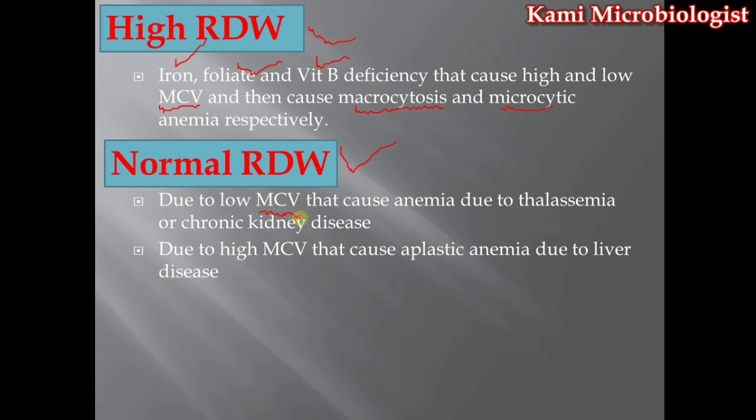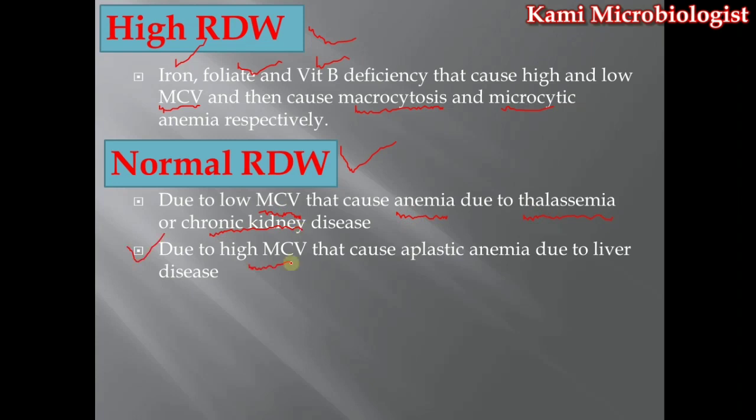And if the MCV value is low, it can cause anemia due to thalassemia or chronic disease. What does it mean? It means that if there is thalassemia or chronic kidney disease, we have a low MCV, and it will cause anemia. And in this way, the RDW is also normal.